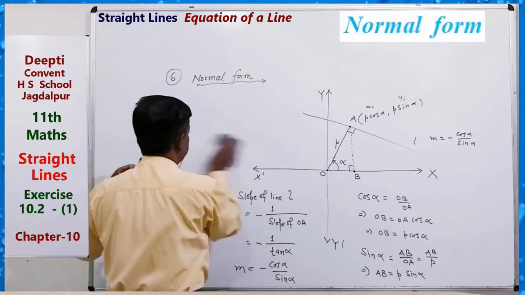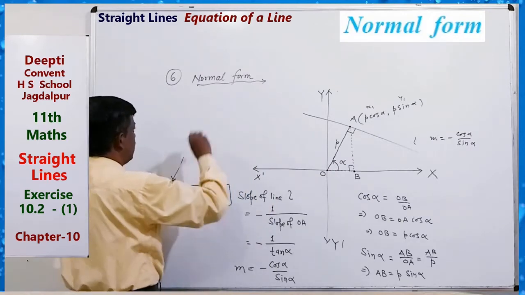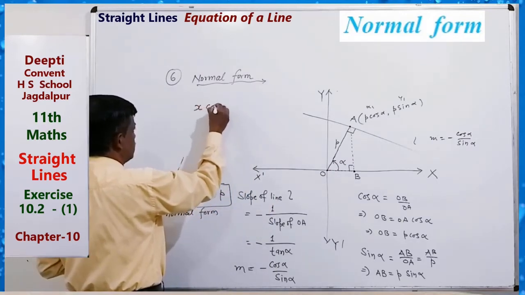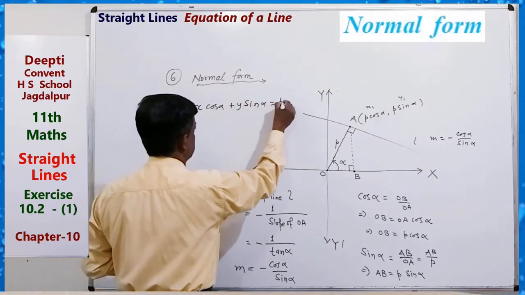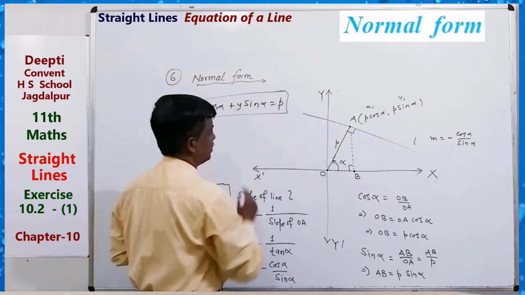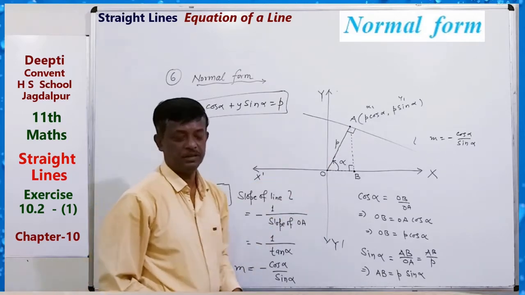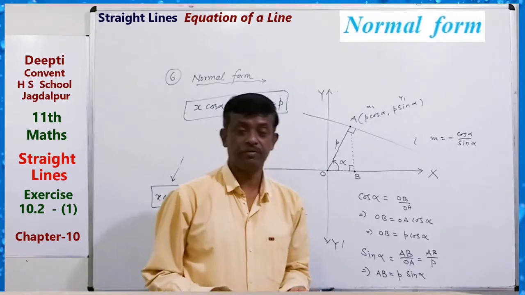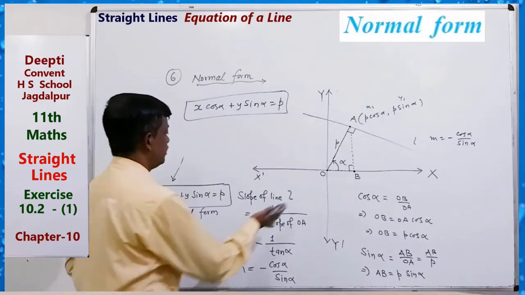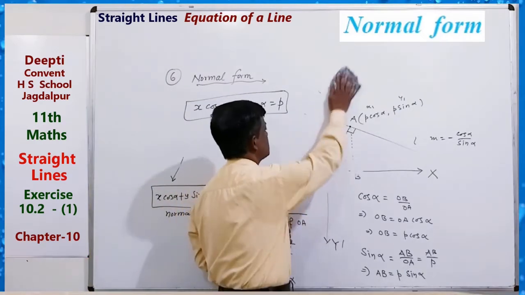x cos alpha plus y sin alpha equals p. So you can use this if we know alpha and p. So these are the 6 forms of writing the equation of a straight line.